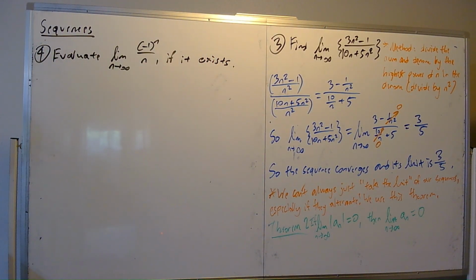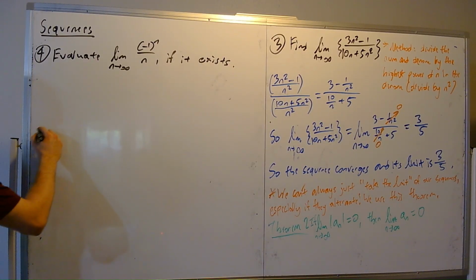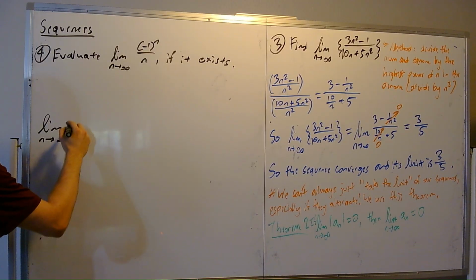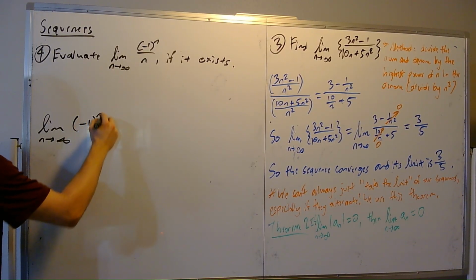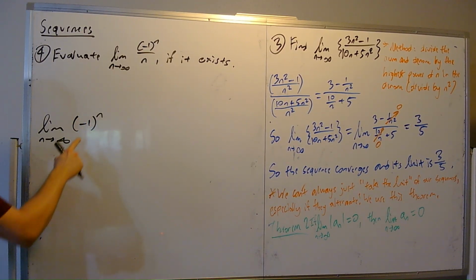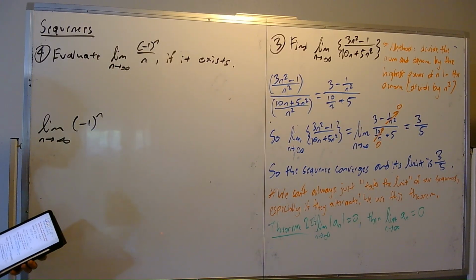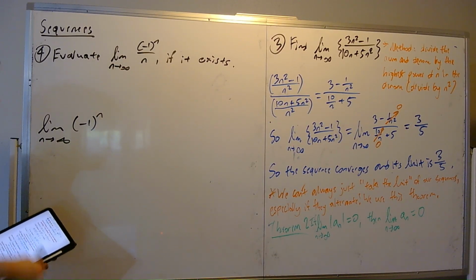Okay. So notably, we can't just always take the limit, right? Because if we had something like the limit as n goes to infinity of (-1) to the n, then what's happening here is your first term is -1, second term is 1, third term is -1, fourth term is 1, and so on.